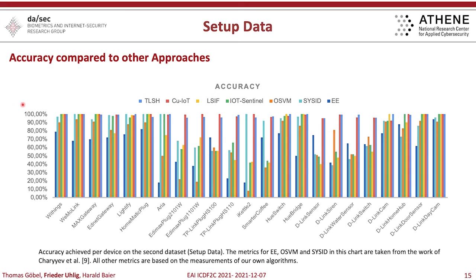Those are all device identification approaches that focus on setup data for the identification. And the red line here is CU-IoT, and the blue line here is TLSH. And as you can see, they are mostly battling for the first place here in terms of accuracy overall device. The CU-IoT is slightly better, but we see a slightly better performance than these AI-based approaches.